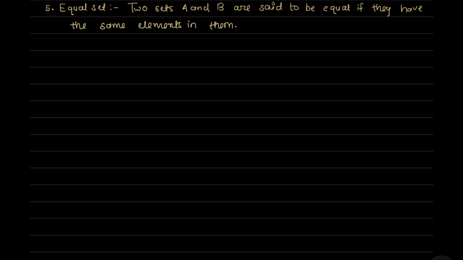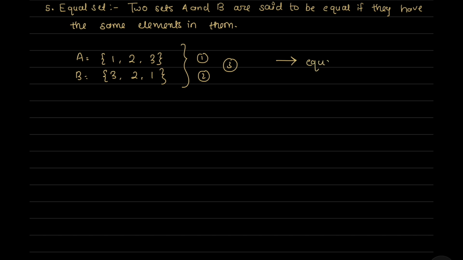For example, suppose by some definition you are getting two sets 1, 2, 3 and 3, 2, 1. Now, see here, both of these have the same elements in them: 1, 2 and 3. So by the definition I mentioned above, these two sets are equal. The reason being the elements between A and B are the same.